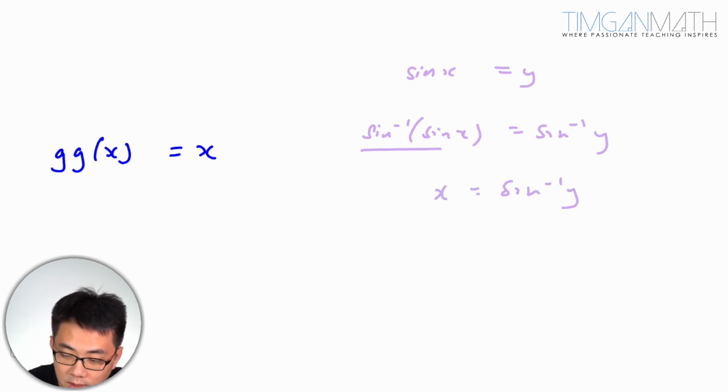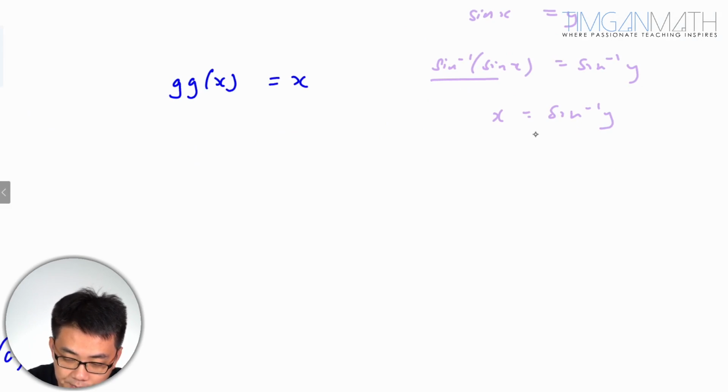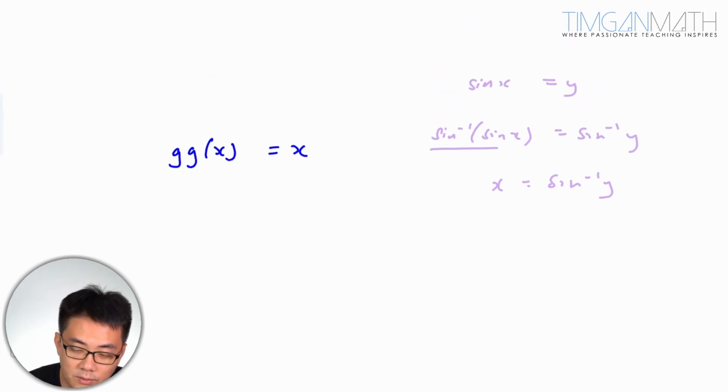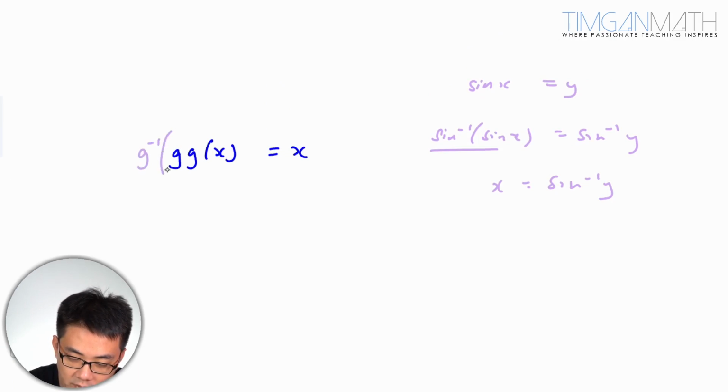So in this case, you essentially get this. This is what we call a self-inverse function. If I g inverse both sides, it will be g(x) equals to g inverse of x.